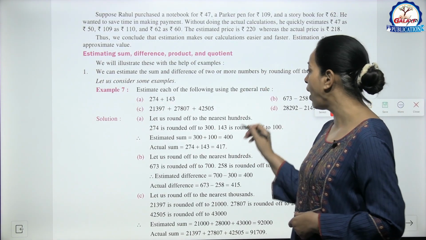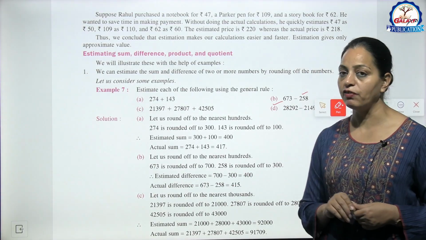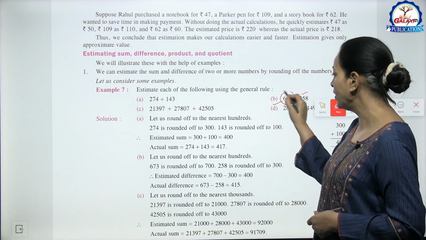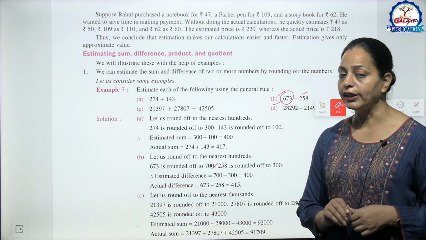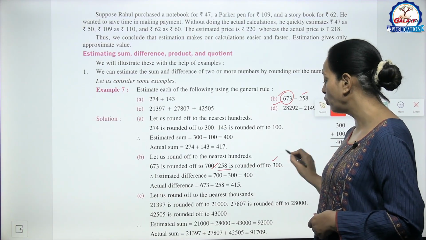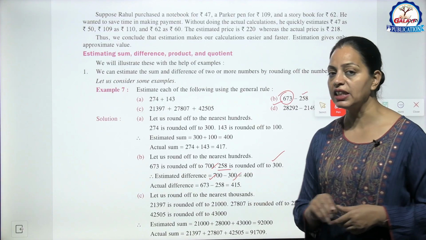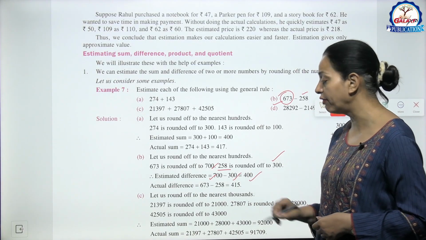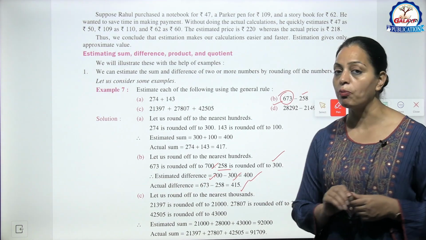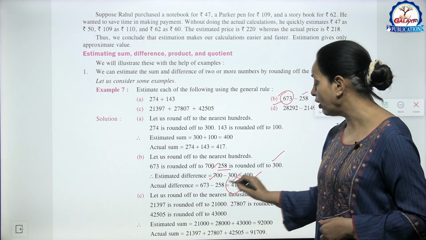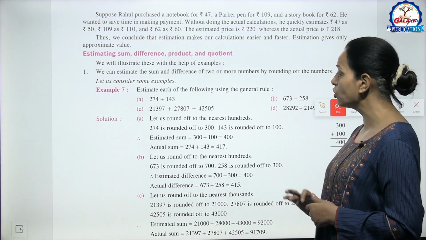Now come to B part here. 673 minus 258. 673 is rounded off to 700, okay, and 258 is rounded off to 300. So 700 minus 300, that is 400, the estimated difference. Now for the actual difference we will subtract these two, you will get 415, right? I hope this is clear to you.